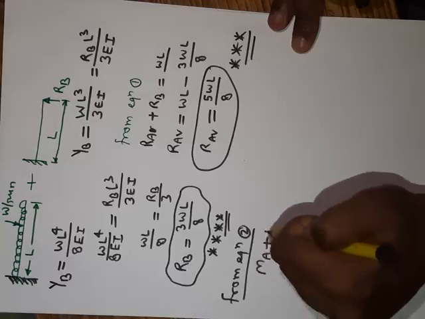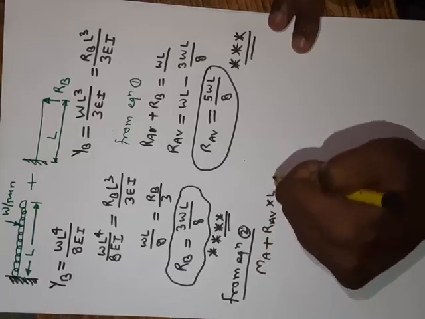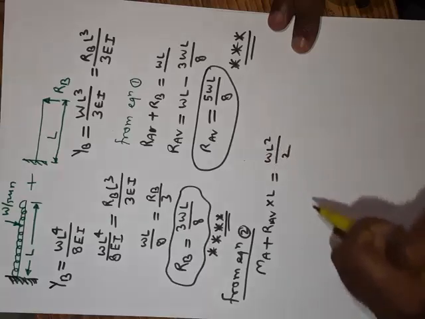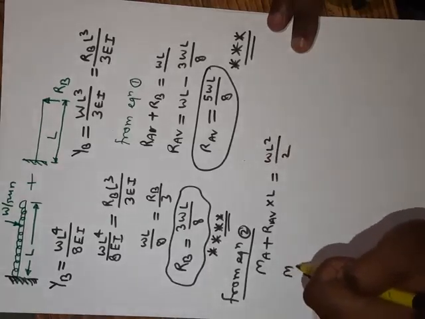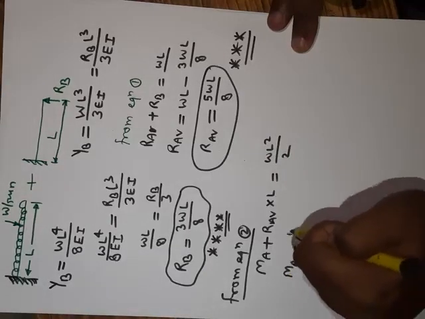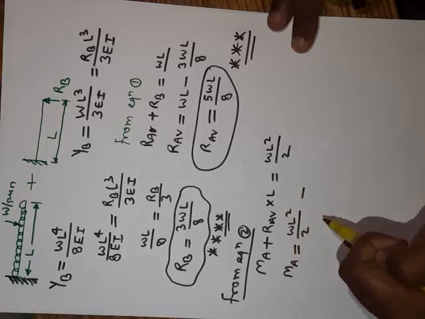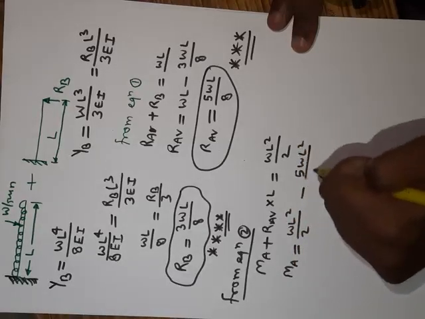For the moment reaction, from equation number 2: MA plus RA into L equals WL square by 2. So students, MA equals WL square by 2 minus RA into 5WL square by 8.